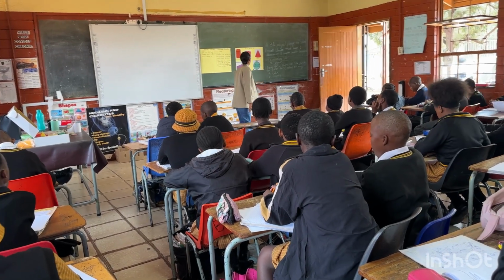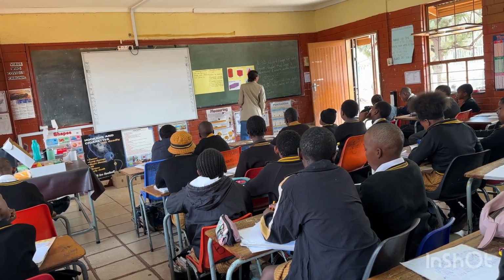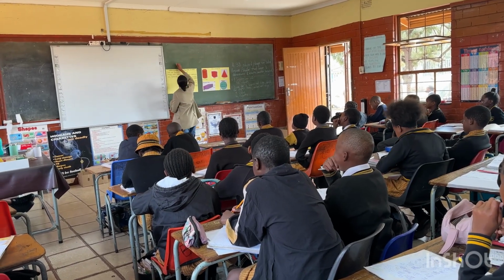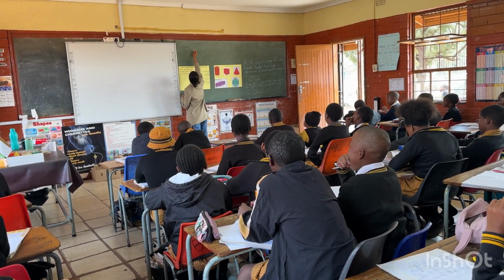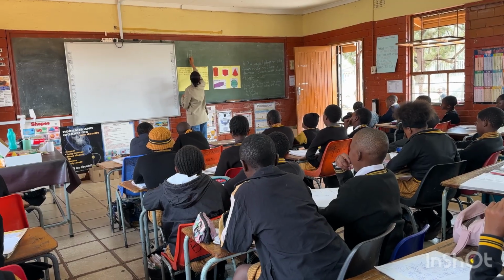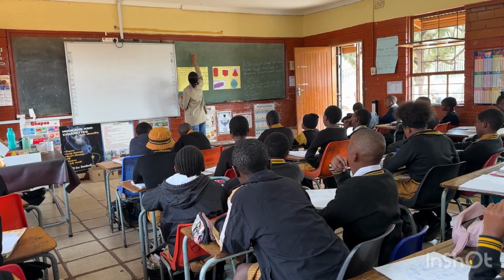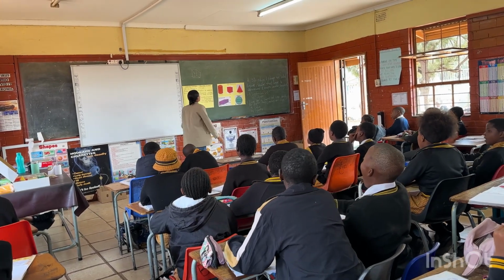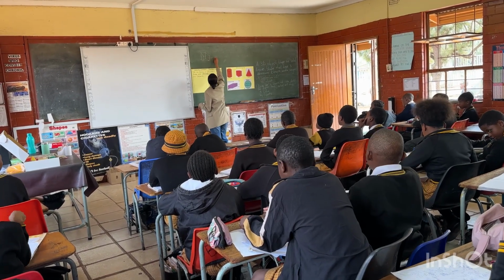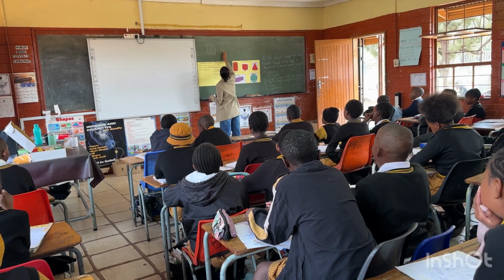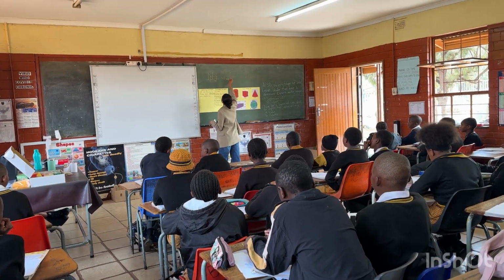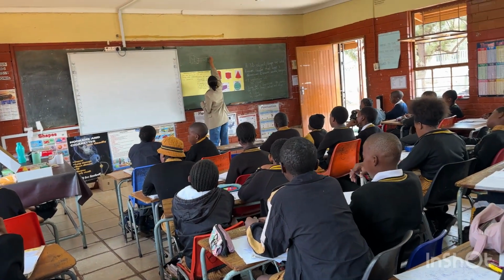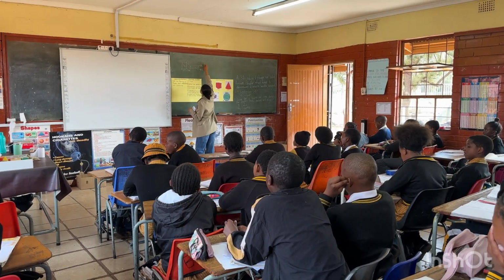Okay. How did you draw your cube? If you draw like mine here. Is it correct? Yes. How do you label it? This is the face. Base. Vertices.